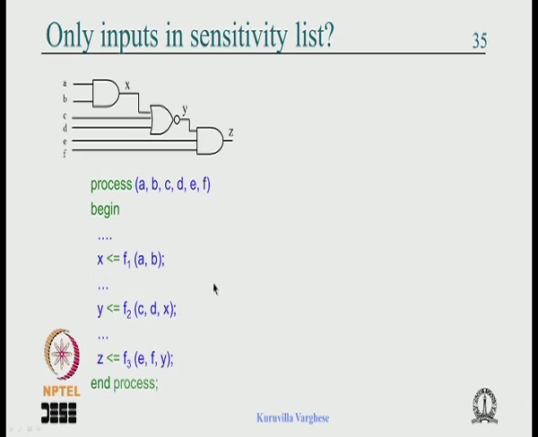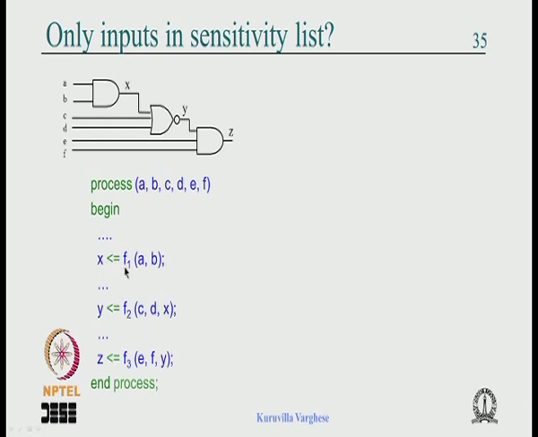Okay. Now we could have written everything in a single statement, but to illustrate this idea I have written a statement for X, like using some if or case or something like that, or you just write sequential assignment.